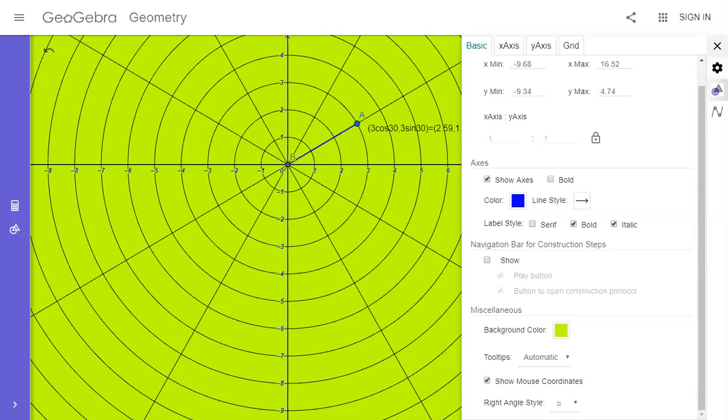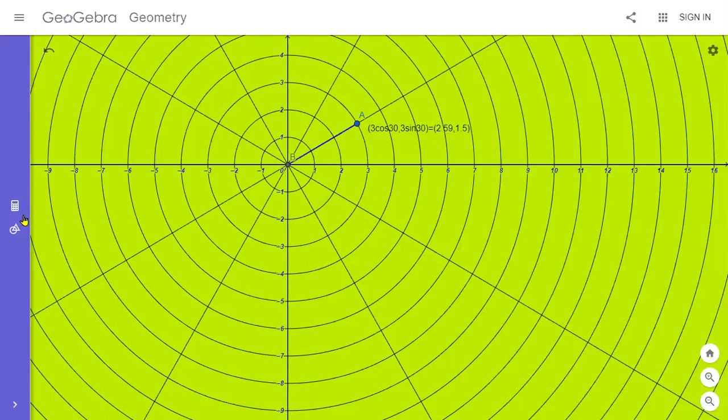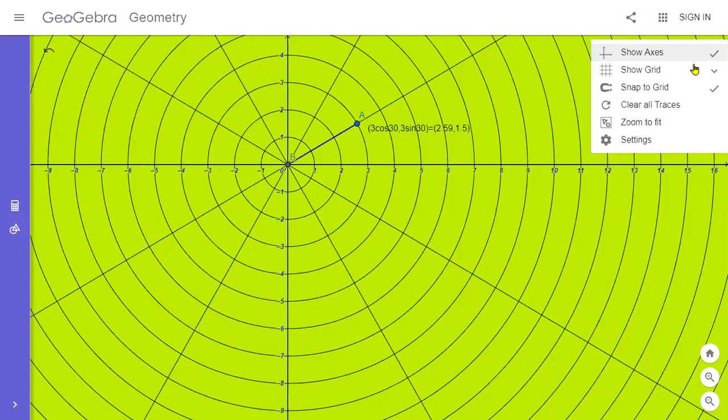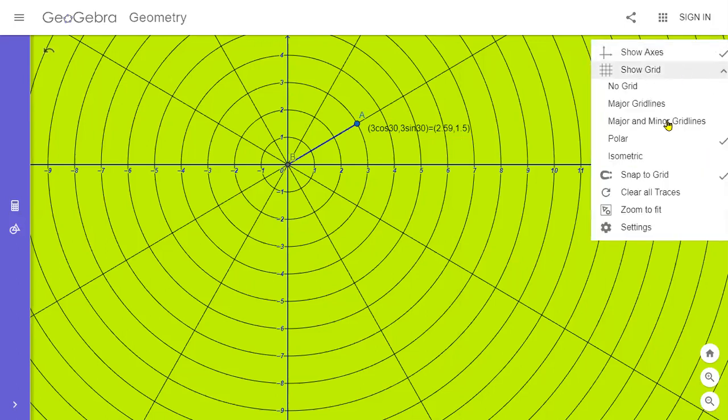Let me check whether it is correct by another method. Let me change this polar coordinate into the corresponding Cartesian coordinate, and then see whether the exact location is 2.59 comma 1.5 or not.